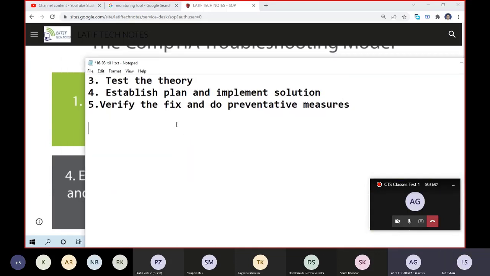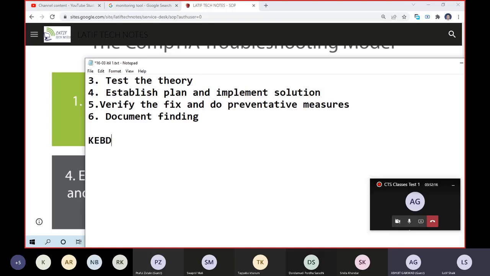Document findings. The documentation is very important in this thing.